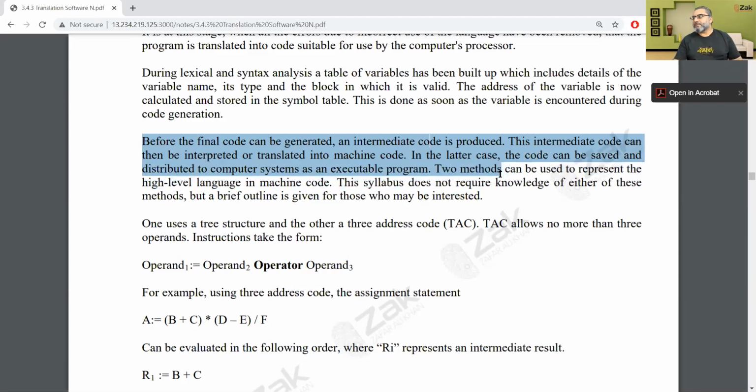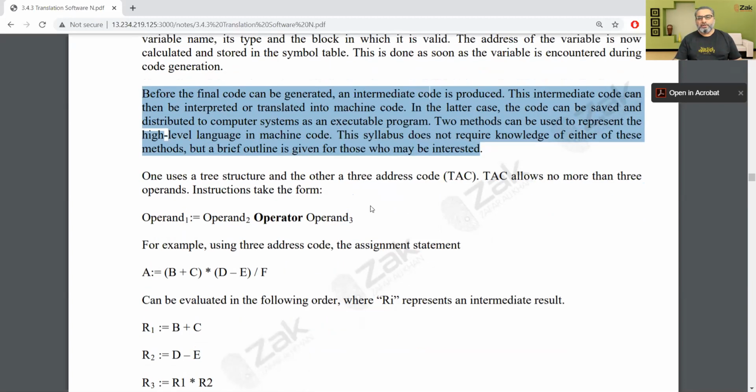Two methods can be used to represent the high-level language in machine code. This syllabus does not require knowledge of either of these methods, but a brief outline is given for those who may be interested. But do not pay attention to this last sentence. All right, so take it like we have to do it anyway. All right.